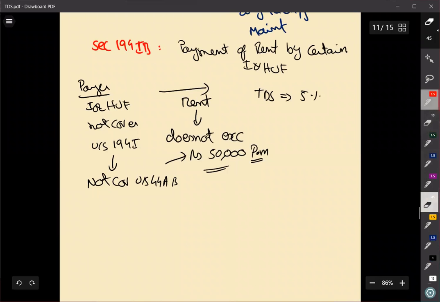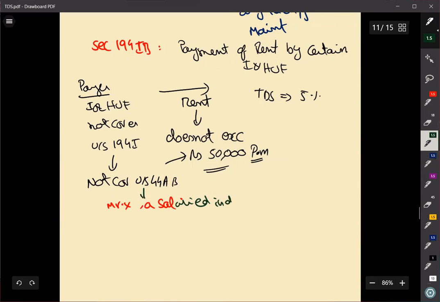Let us consider Mr. X, a salaried individual. As we are calling him a salaried individual, he is not covered under 44AB, because 44AB is applicable only if you do a business or a profession.